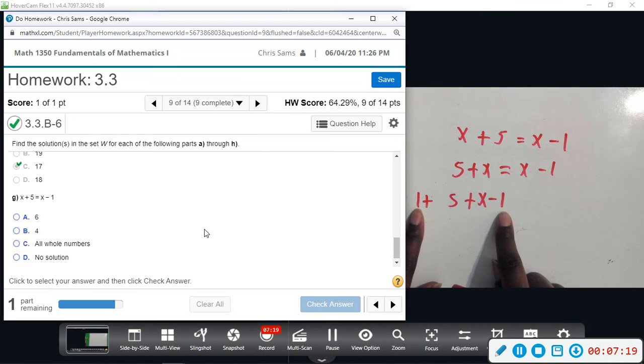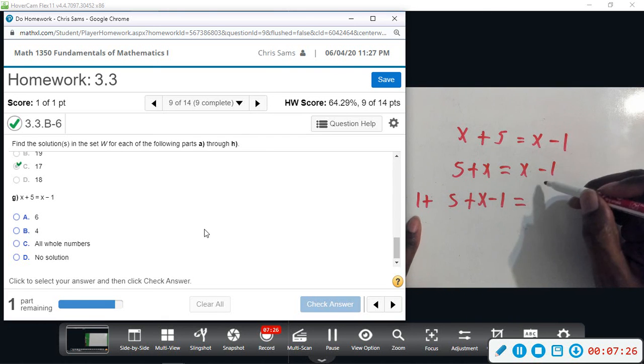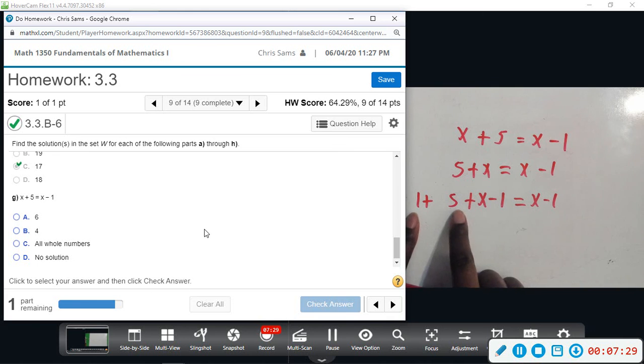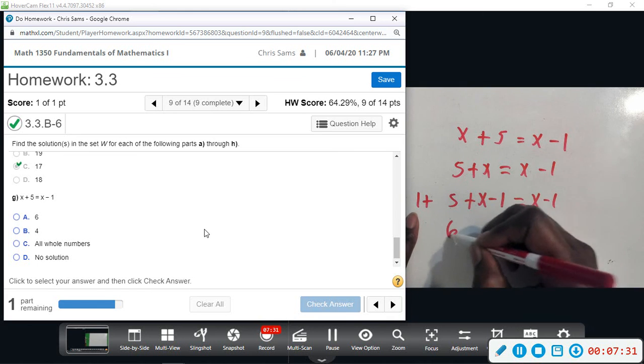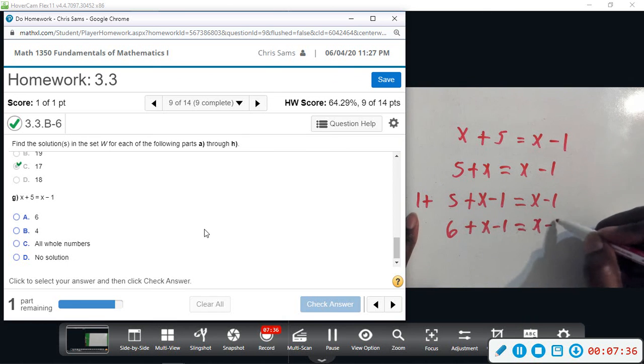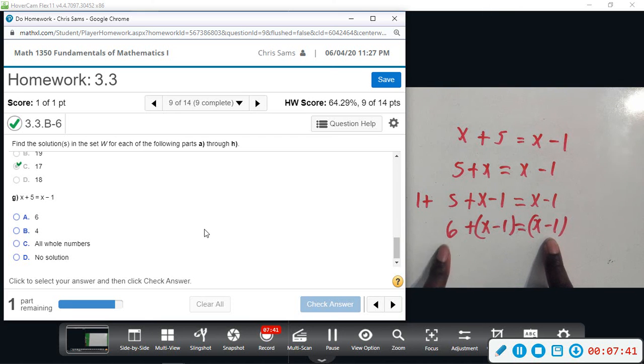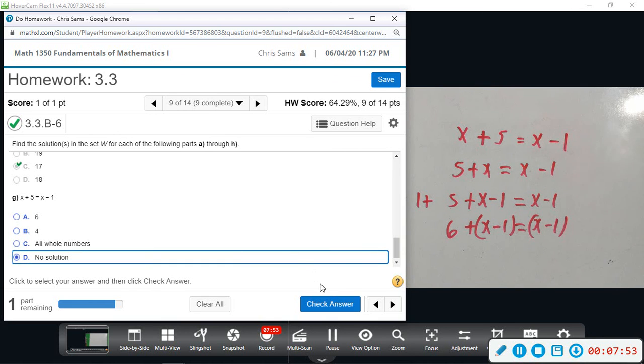So plus 1 minus 1, those will cancel out, and I still end up with the same thing. So I'm just doing this to manipulate so I can get it to look similar to this side. So then what I'm really looking at is 6 plus x minus 1 and x minus 1 over here. So you notice we got these two being the same, and then this side has an additional plus 6. So this problem again will have no solution because this side will always be 6 greater than the other side. So no solution here.